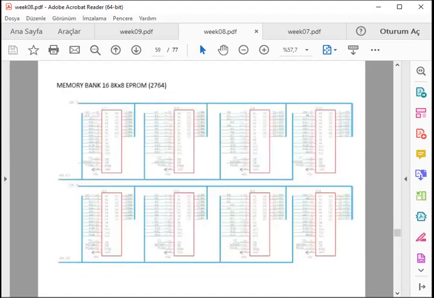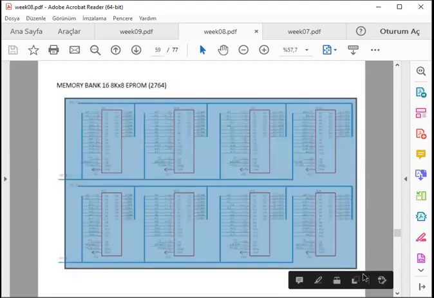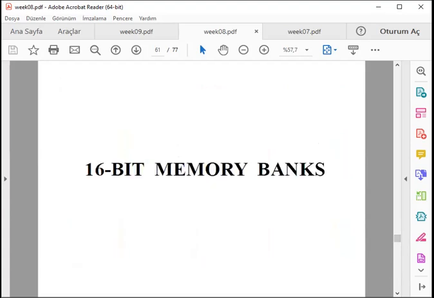The first 8 group is shown in the first page. The other 8 is here. So this is actually a big diagram in multiple pages. A little bit complex. Don't worry, you don't have to memorize all of them. You won't be responsible for such complicated diagrams and circuits in the examinations.